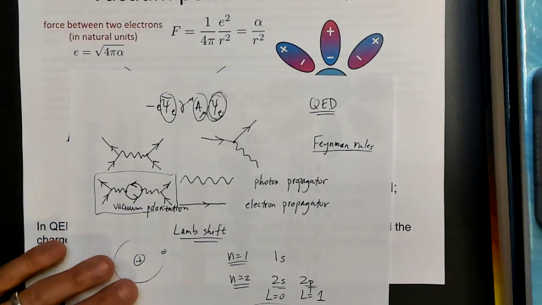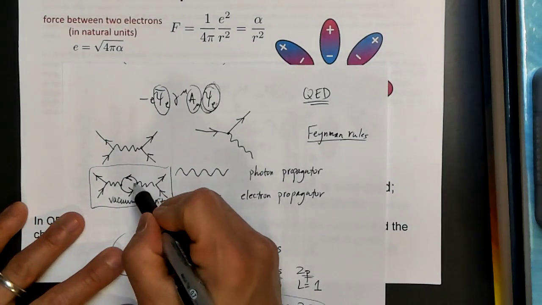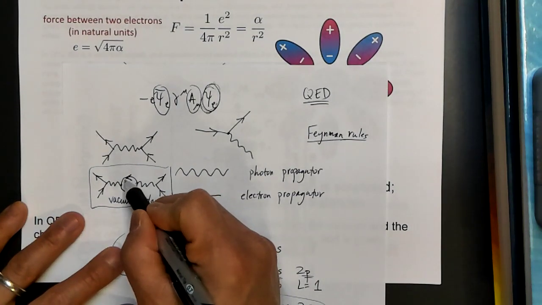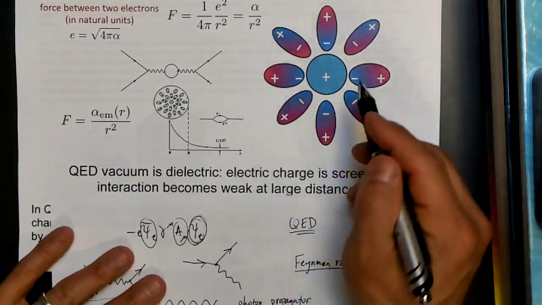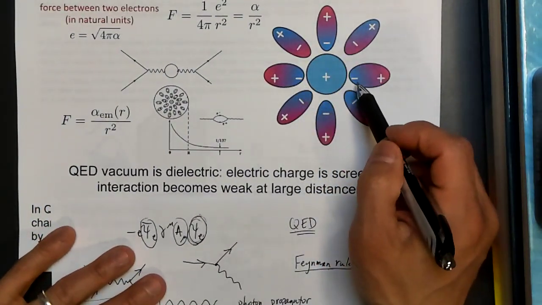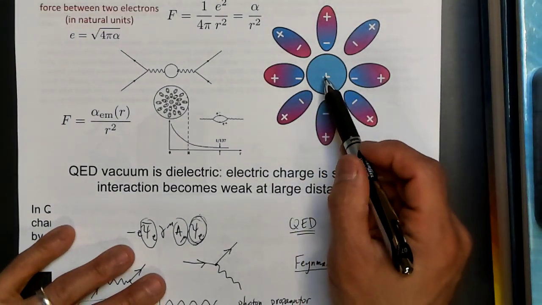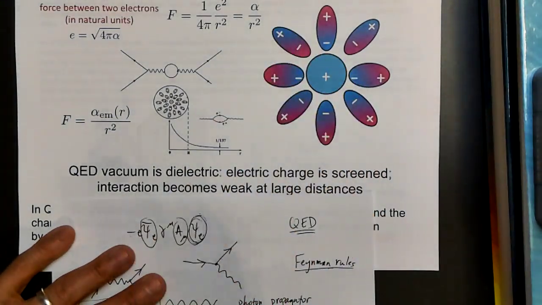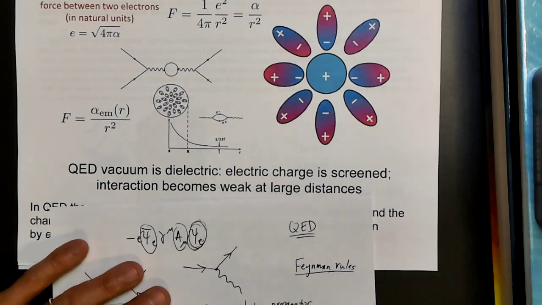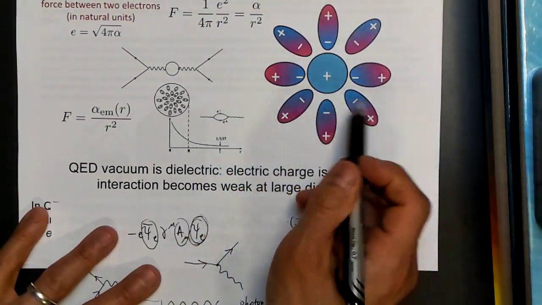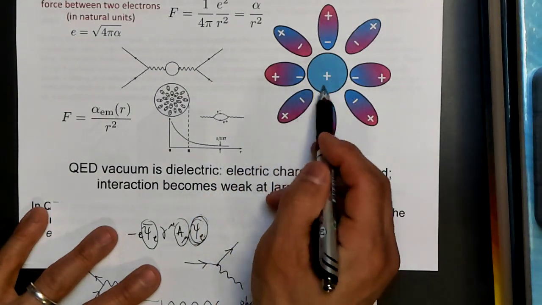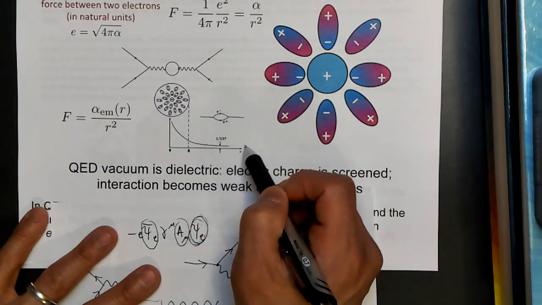So you essentially have a virtual electron-positron pair being produced, and you can think of that as producing little dipoles from the vacuum. And this actually has the effect of a dipolar material, a dielectric material. At large distances, the effective strength of the charge is decreasing.